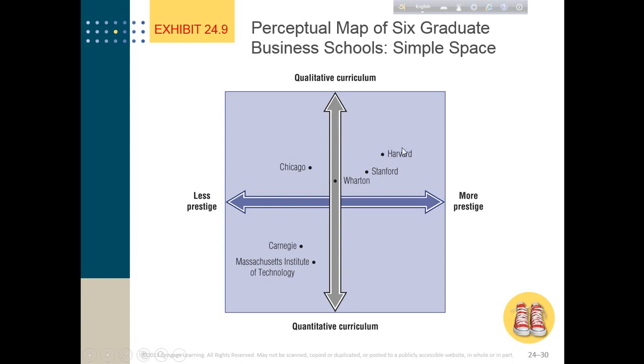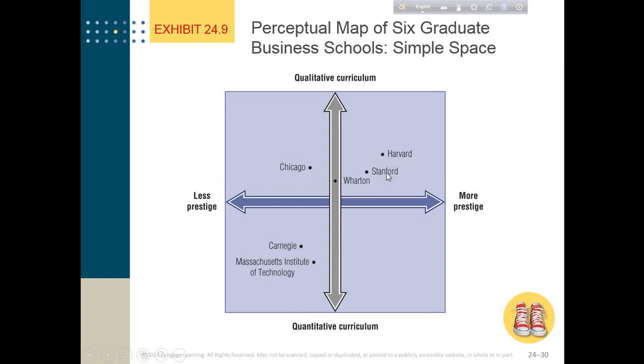You can see that this part represents a more qualitative curriculum and more prestige, and this one is more prestigious and more quantitative curriculum. This one is less prestigious but more quantitative, and this one is less prestigious and more qualitative.